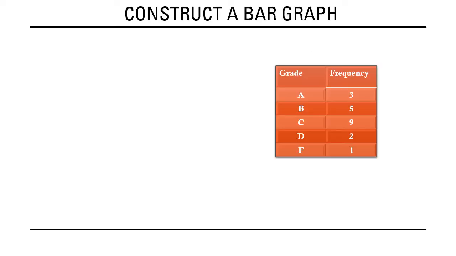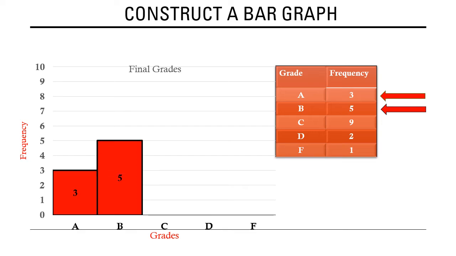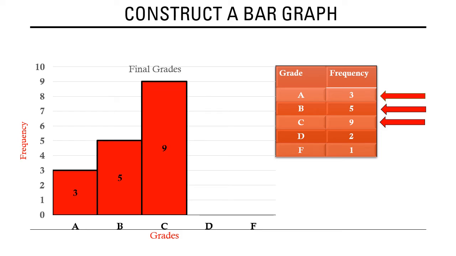Now we're going to take the same table and construct a bar graph. We're going to use vertical bars. From A, we're going to draw a vertical bar that stops at 3. From B, a vertical bar that stops at 5 because that's the frequency of B. From C, a vertical bar that stops at 9 because the frequency of C is 9.